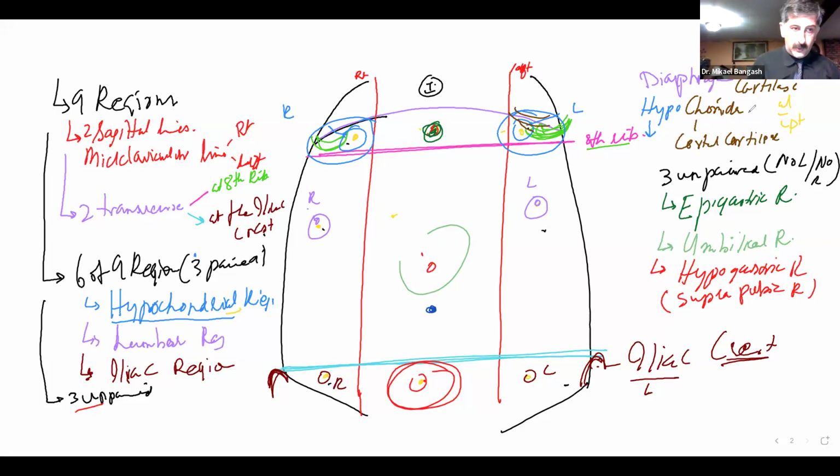So your lower ribs run like this, and underneath that is where you have your hypochondrial regions.